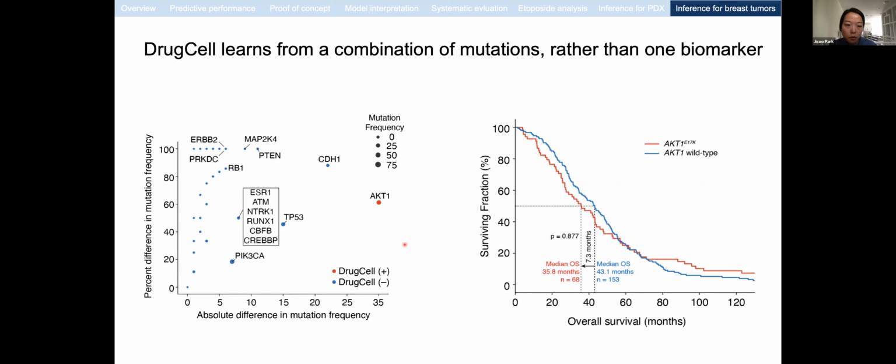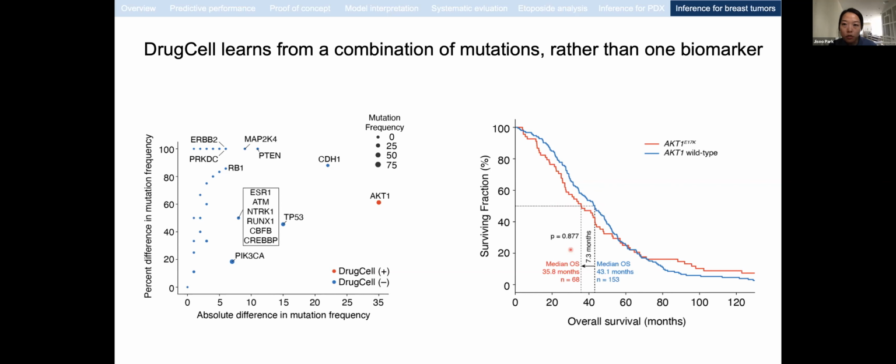And interestingly, for the sensitive group, AKT mutation status was not the best predictor of the therapeutic response. If you look at the plot on the right, AKT mutant patients actually had shorter median survival, and the difference between the overall survival distributions was not statistically significant.